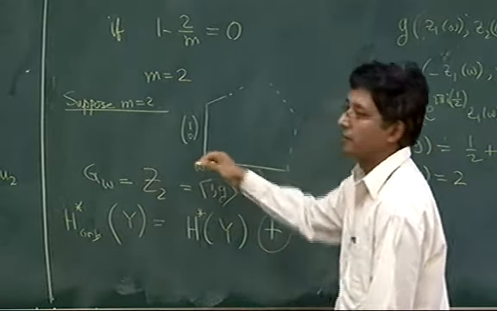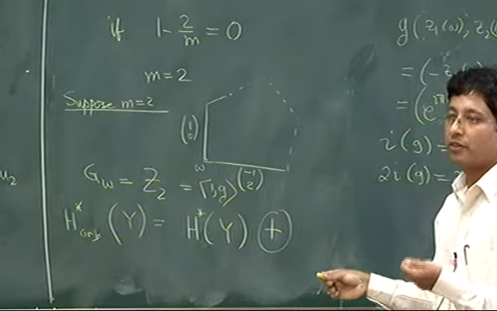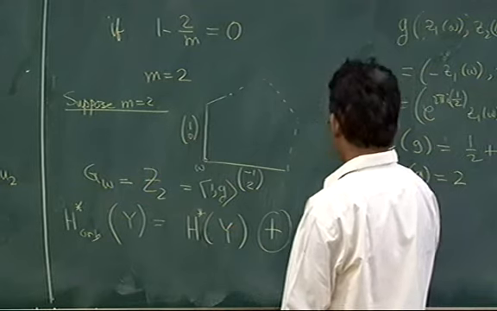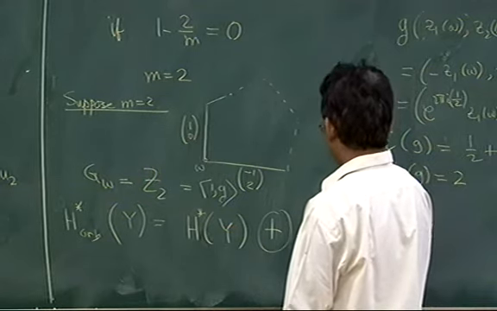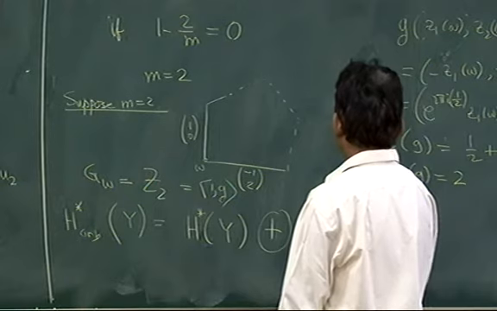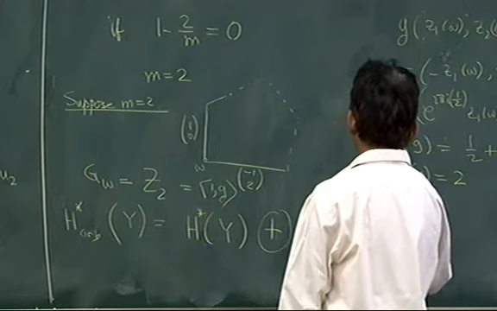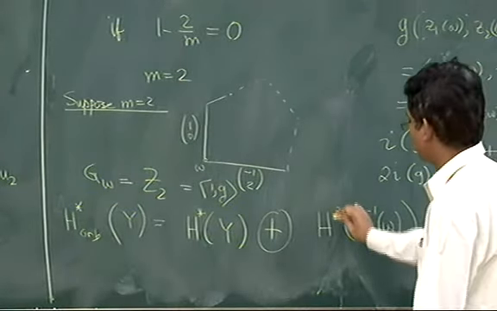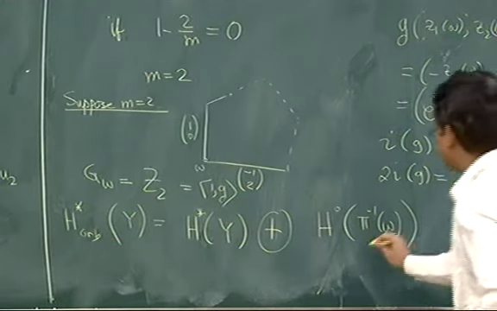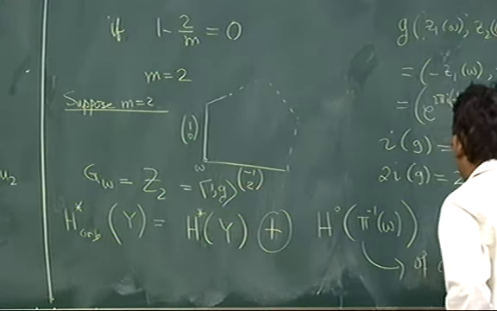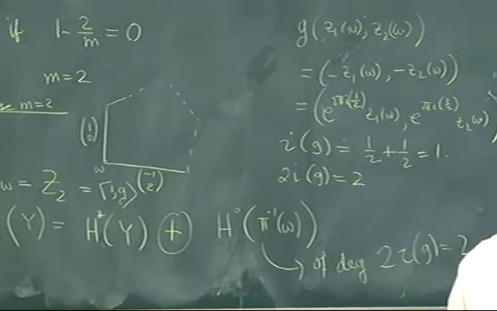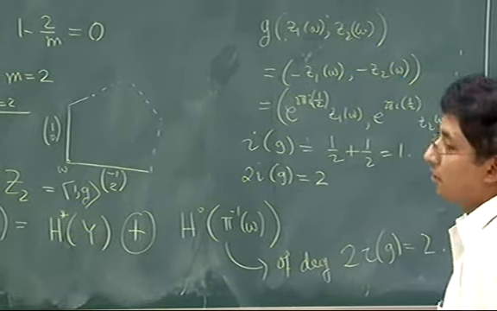What is a fixed point? That's just a single point. So H of pi inverse W. So it's got to be H0, and this is of degree twice iota g equal to 2 because of the degree shifting of Chandran cohomology.